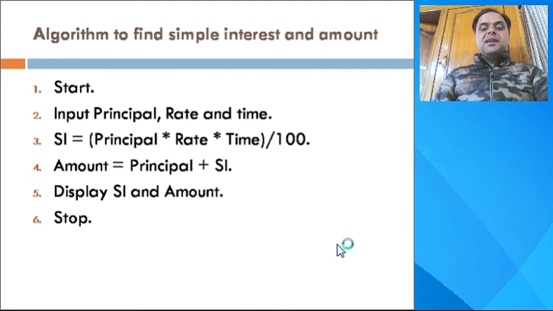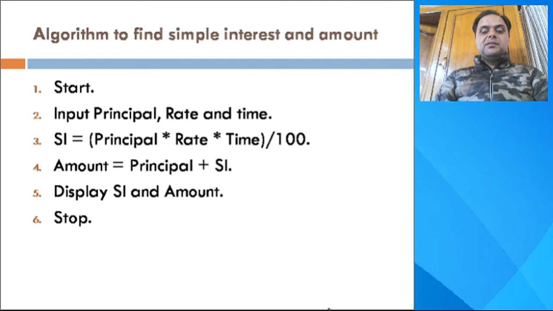Then simple interest is principal times rate times time divided by 100, and we assign the result to SI, that is, simple interest. Then we calculate the amount. Amount is principal plus simple interest, and we assign that value to amount. Then we display the values of simple interest and amount, and stop. This is how we can calculate the simple interest and amount for some money.